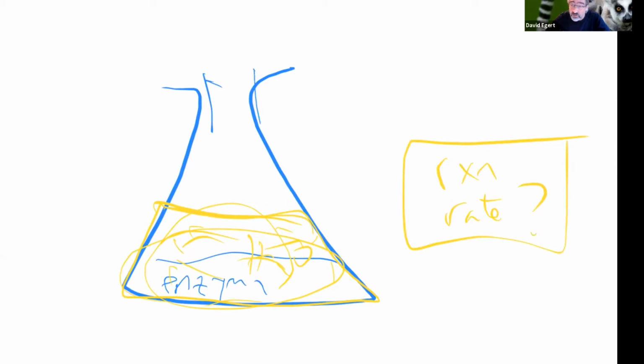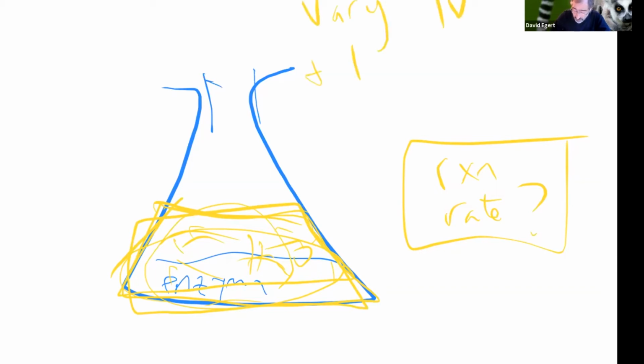The only thing that's changing is the concentration of the substrate, but the total volume of our reaction is staying identical each time. So again, as much as possible, when you're doing an experiment, you want to vary the IV and keep everything else constant.